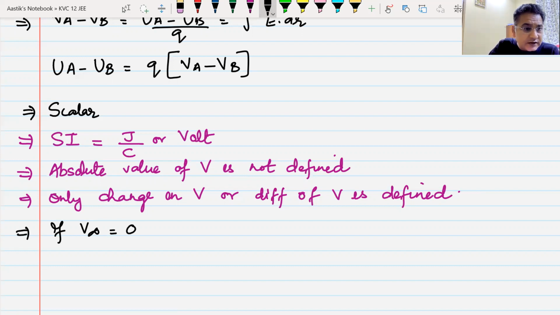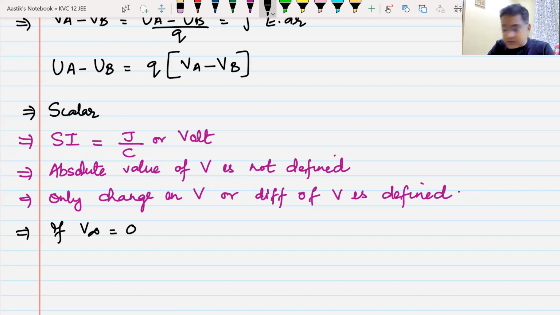If you take the potential of infinity to be 0, then you can define the potential of any point. And how can you define the potential of any point?